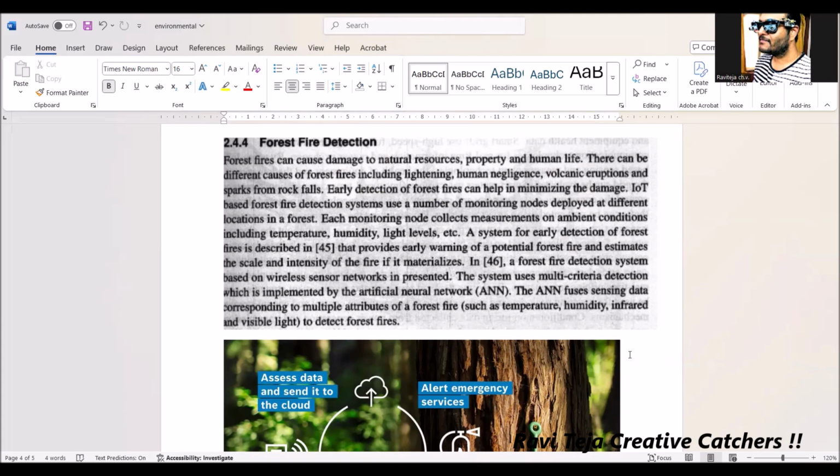So in order to monitor the forest, these kinds of IoT sensors are very useful, which detect fires, and through particular systems they can be monitored 24 hours a day, due to which if there is a small spark or a small fire at a particular place in the forest, it can be easily identified with the help of this technology.